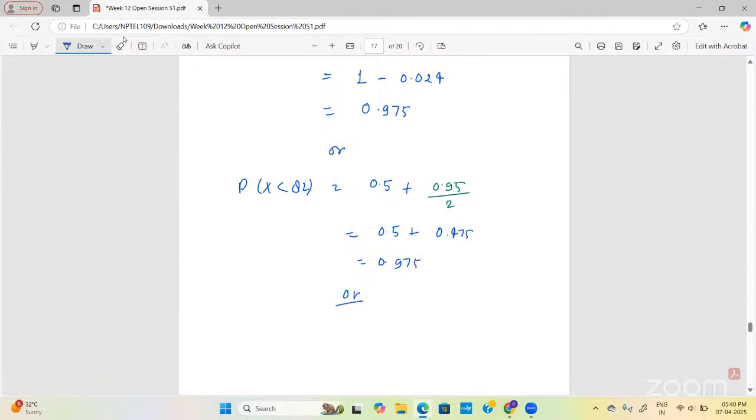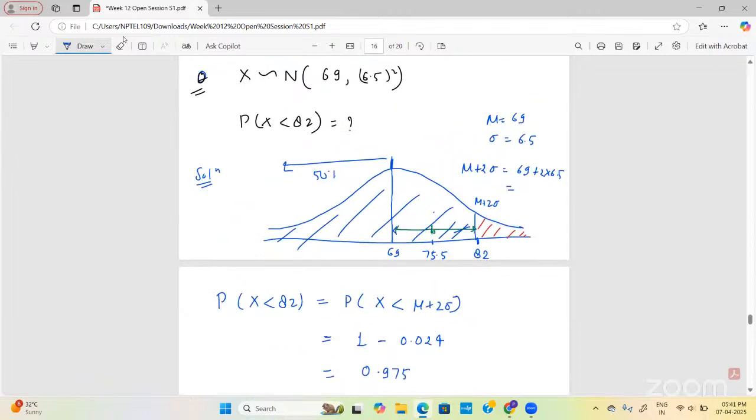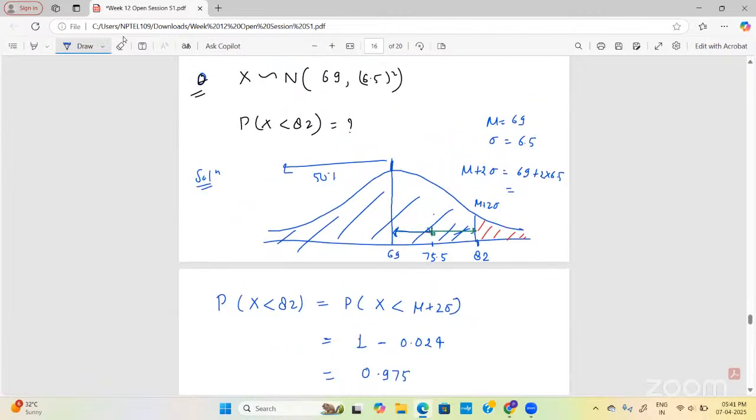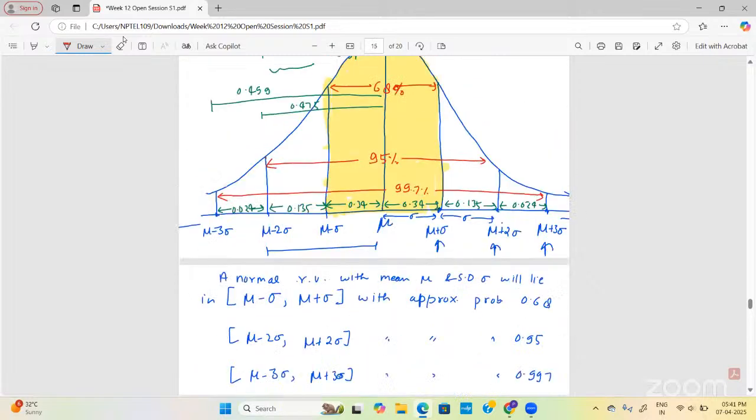Or there can be another way also. You can write it like this. If you know this one, you can add this region, this one and this one and this one. So this is 50%, 0.5 we have written. Now this is mu plus sigma, and then this one. If you see this figure, this is 0.34, and then this is 0.135. Do you understand this thing or not?